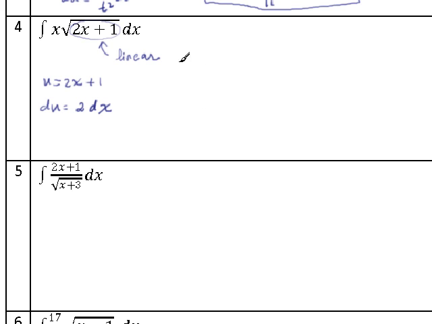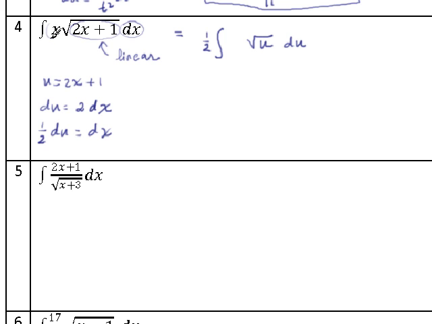Okay, so let's start substituting. For the square root of 2x plus 1, I'm just going to put square root u. Now here we have du is 2 dx, or 1/2 du is equal to dx. So for dx, we're putting 1/2 du.